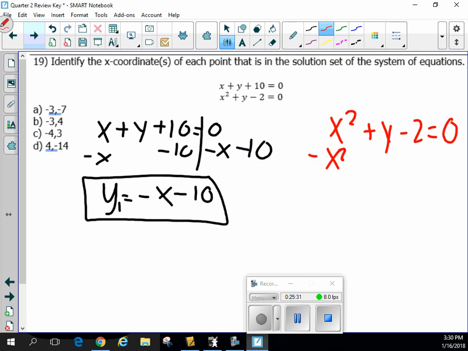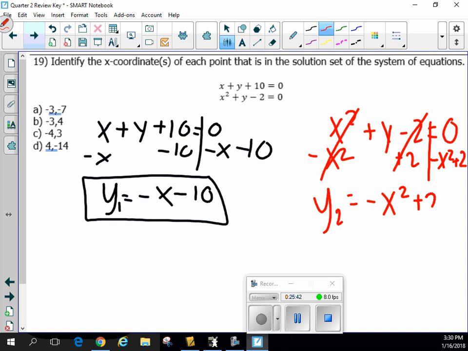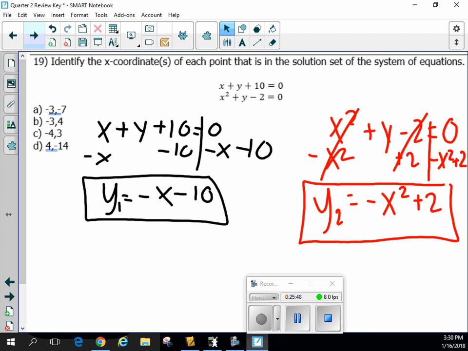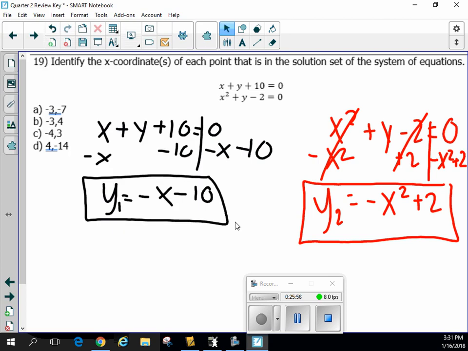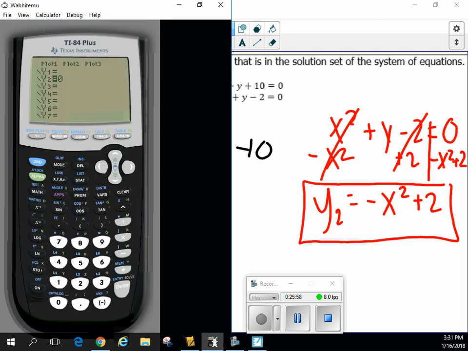I'm going to subtract x squared and add 2 to both sides, and we end up getting y2. Those two equations, we're plugging the first one into y1 and the second one into y2. So y equals negative x minus 10.